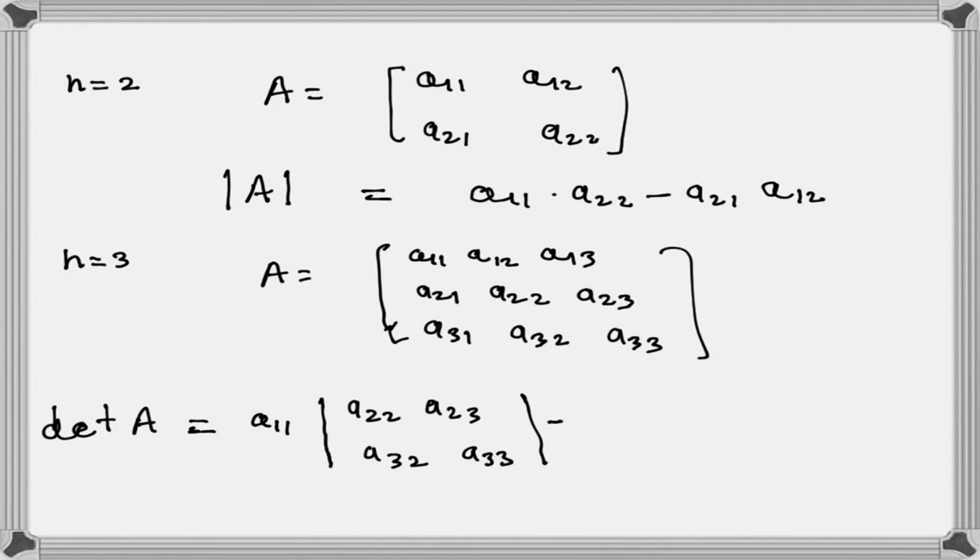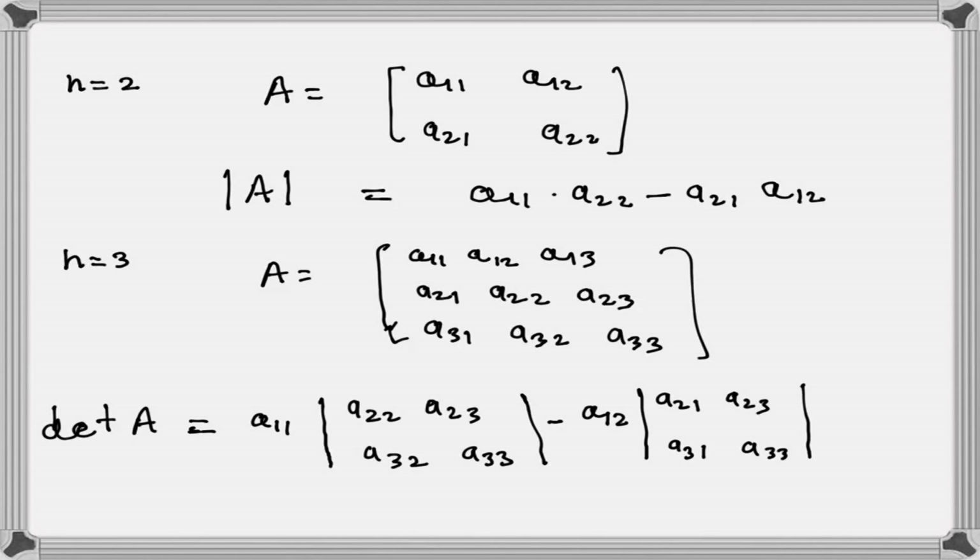Then minus a12 times the determinant of the submatrix obtained by deleting the first row and the second column: a21, a23, a31 and a33.